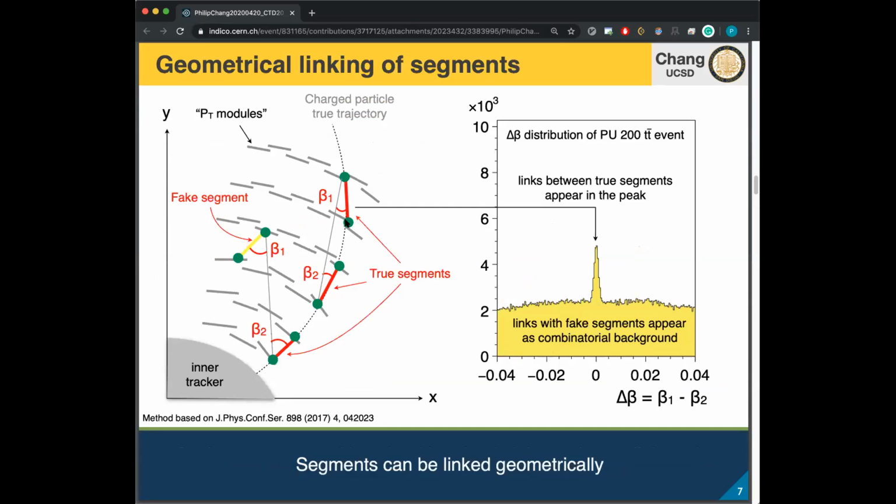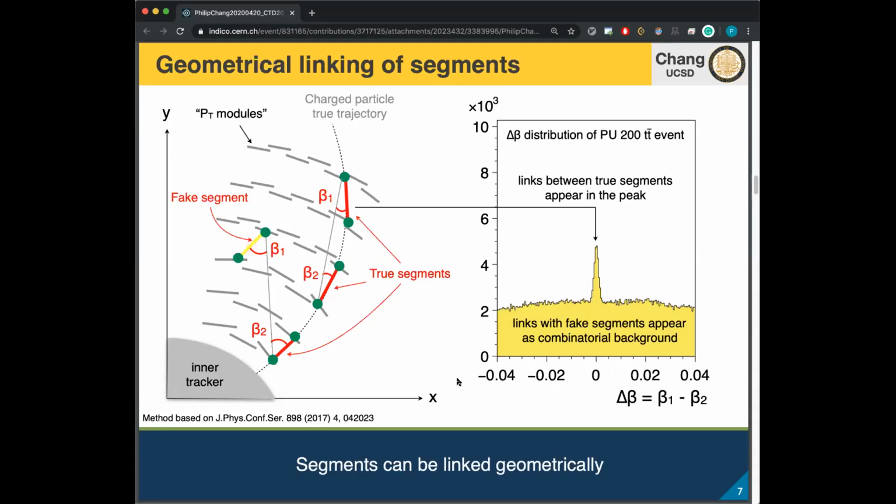If you consider the angles that it would create between the two segments and then plot the differences between the two angles, the links that are coming from the true segments would appear in the peak in the middle, while the links that are not correct, for example, the yellow segments versus the one in the bottom here in the blue, are not coming from a clear charged track trajectory, and those would give you a large delta beta value and would show up as a combinatorial background on the bottom.